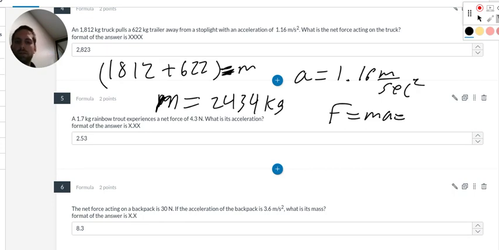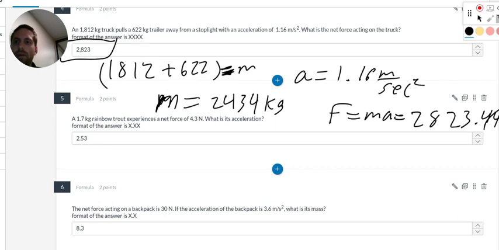Plug in those values, so I'm going to do 2434 times 1.16. I should get 2823.44. Looks like I want no decimals, so I get rid of those. There's my answer.